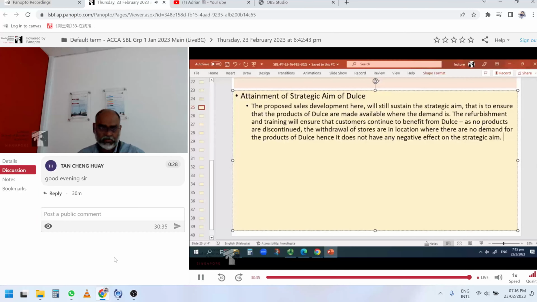Now, if customers want to buy, okay, if there is demand, if there are customers who still choose to buy, they can buy from other channels, such as what?